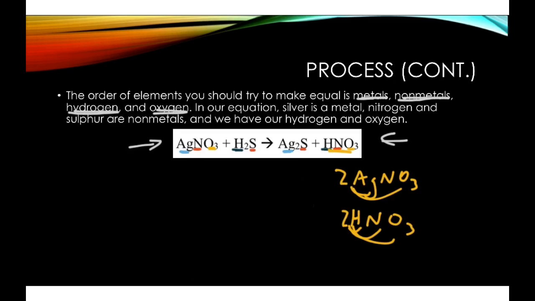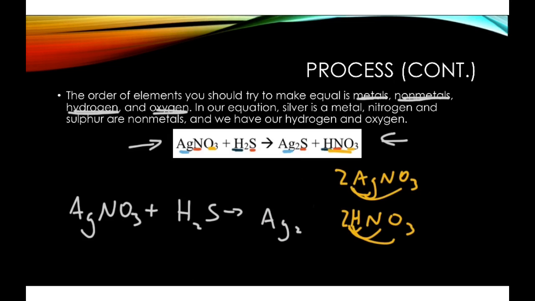Our last step will be to write the equation again, except we'll add in the coefficients that we place. So, AgNO3 plus H2S yields Ag2S. Let me erase this.